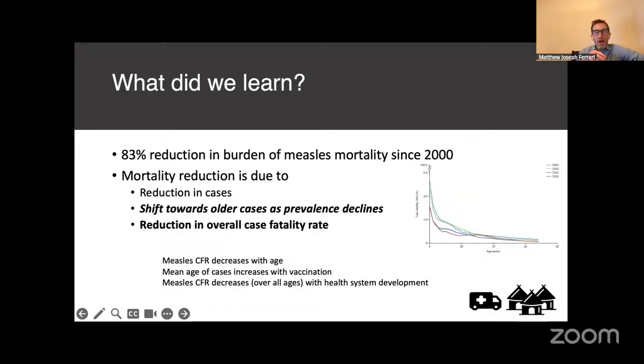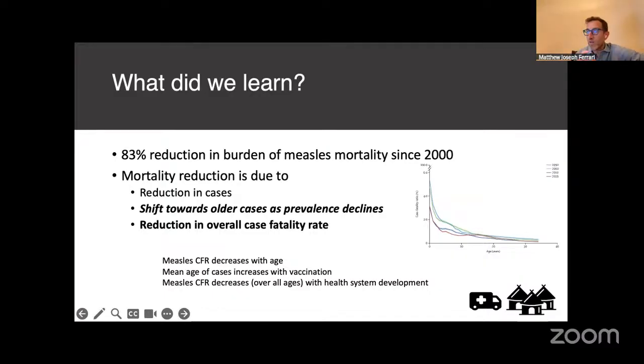So first, the measles CFR decreases with age, and the mean age of cases has increased with vaccination. But also, what they've shown is that the measles CFR overall across all ages has decreased with health system development globally, and that decrease has been variable from country to country.